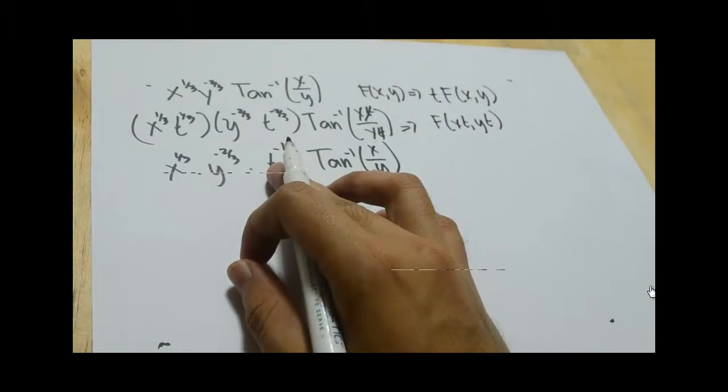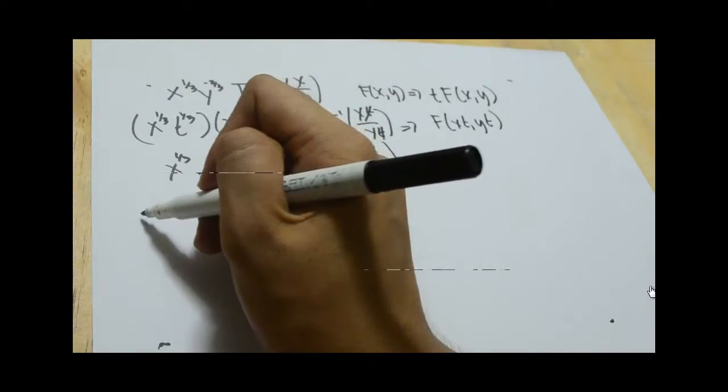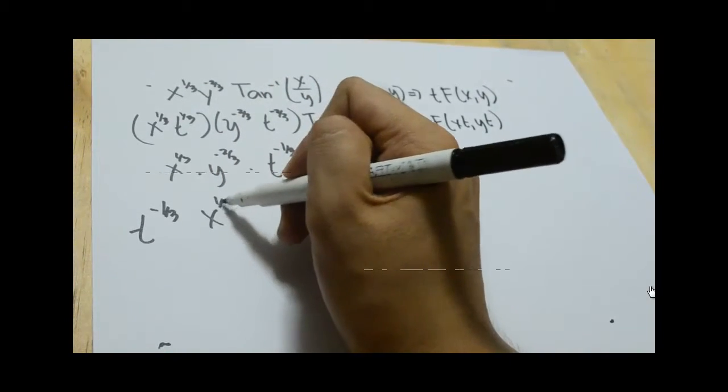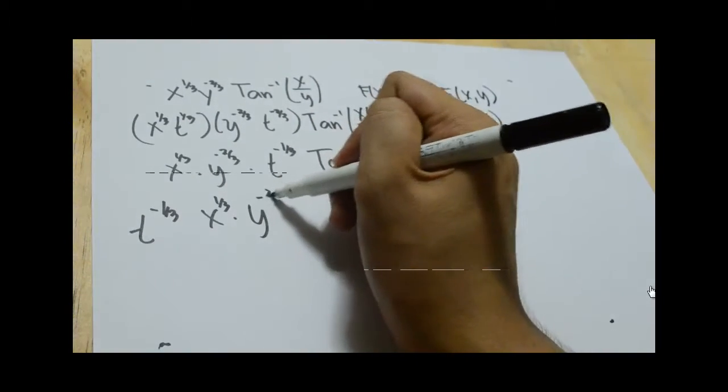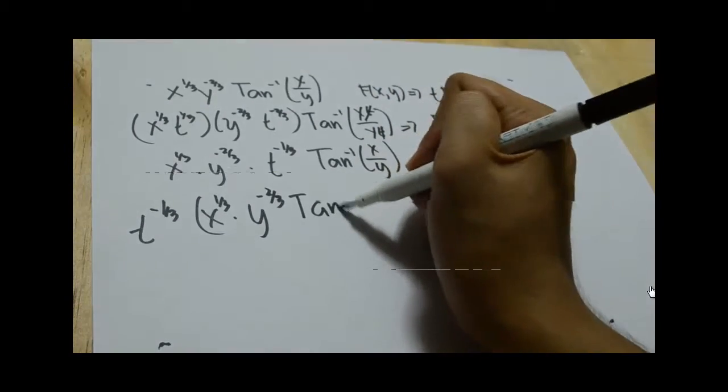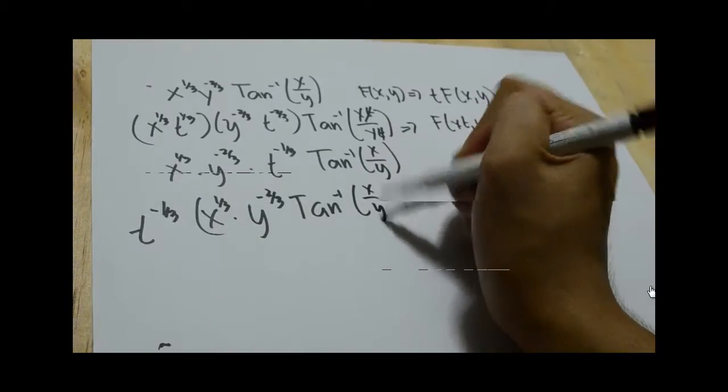We move t over here. We have t to the negative 1/3 times x to the 1/3 times y to the negative 2/3 times tan inverse of x over y.